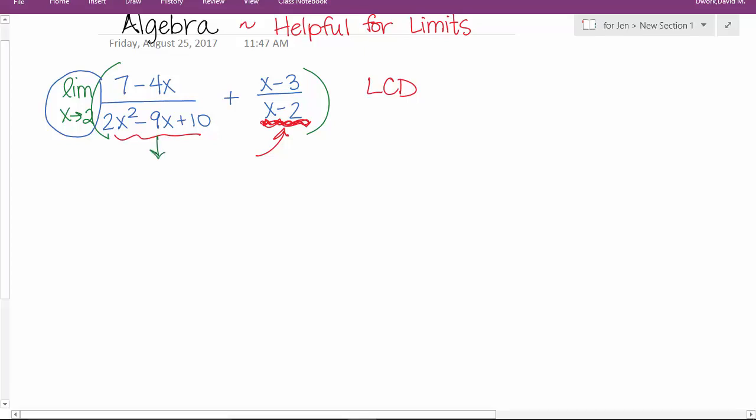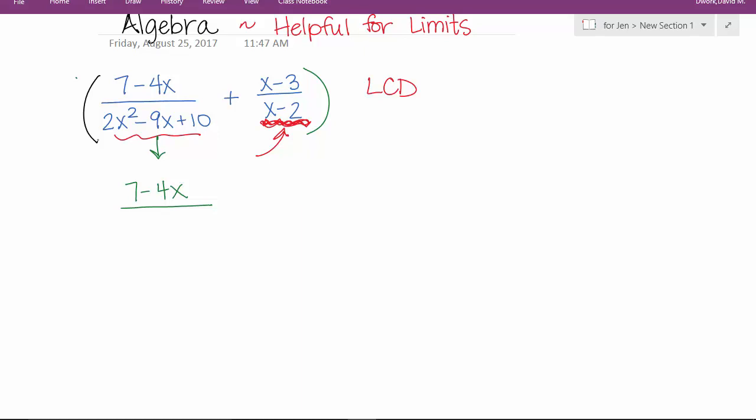So what I want to do is see if I can see this first fraction in factored form. Because I'm only covering the idea of the algebra and not necessarily the calculus, I'm not going to talk about the limit as x approaches 2. We're going to pretend that is not even a part of our problem for right now.